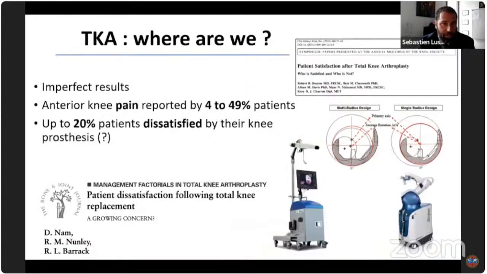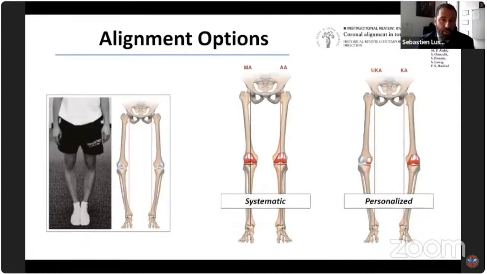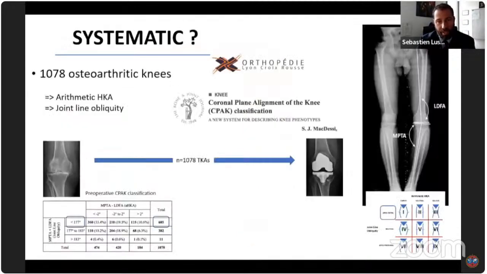Charles just mentioned it. Today, where we are, it's not perfect by far. We still have some patients who are dissatisfied. And when we look at what we've been doing for decades, which is a very systematic approach, actually it makes sense because this is some of our personal experience, 1,000 knees.